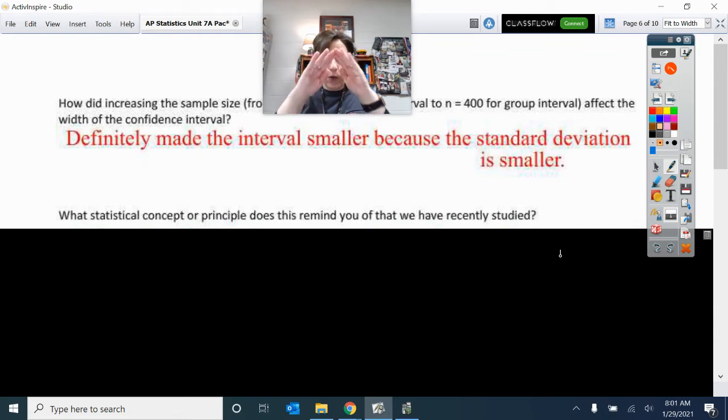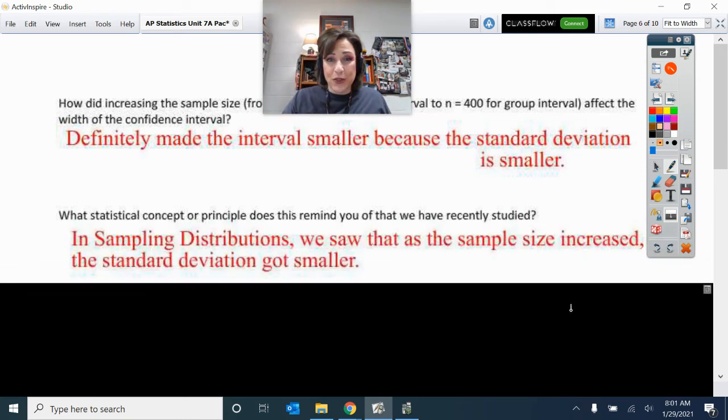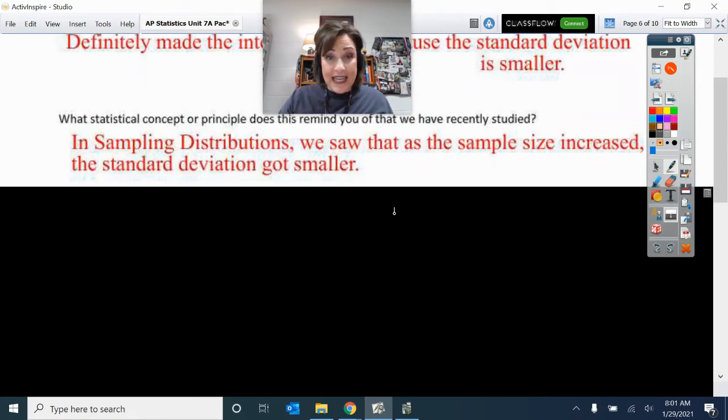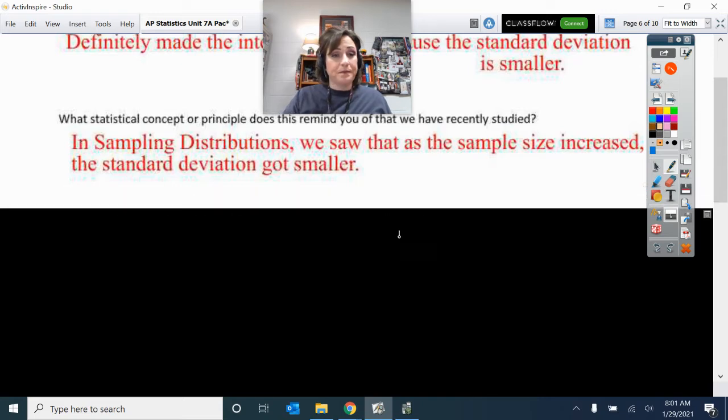What did we find out with our sampling distributions? Remember that as the size of the sample increased, that sampling distribution got smaller and smaller. So that was the exact same tie-in.